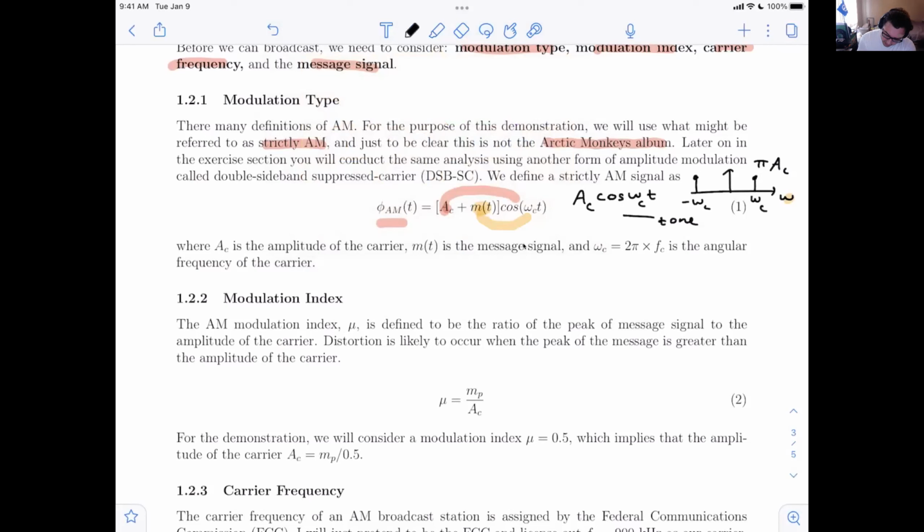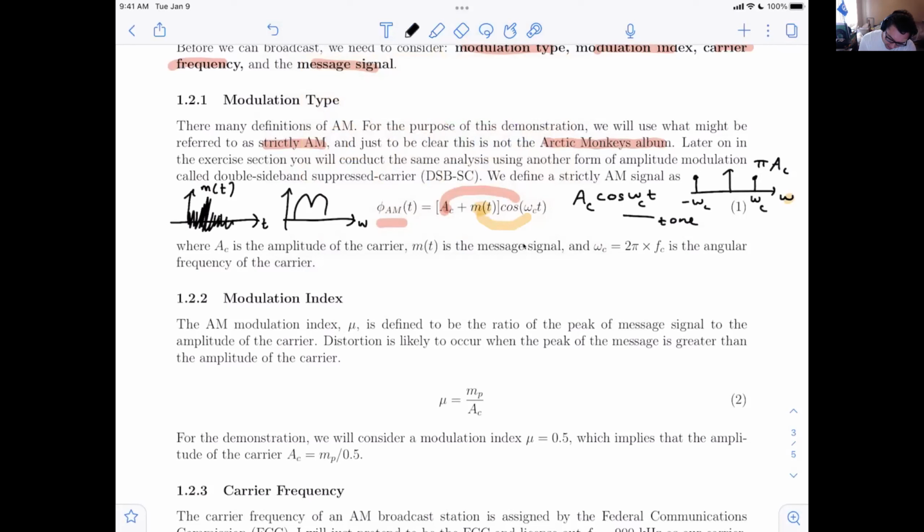So then if we look at the message signal, let's say we have some arbitrary message signal, right? It's just some kind of music or something. This is a time varying signal. And let's say that it's got some arbitrary frequency content, right?